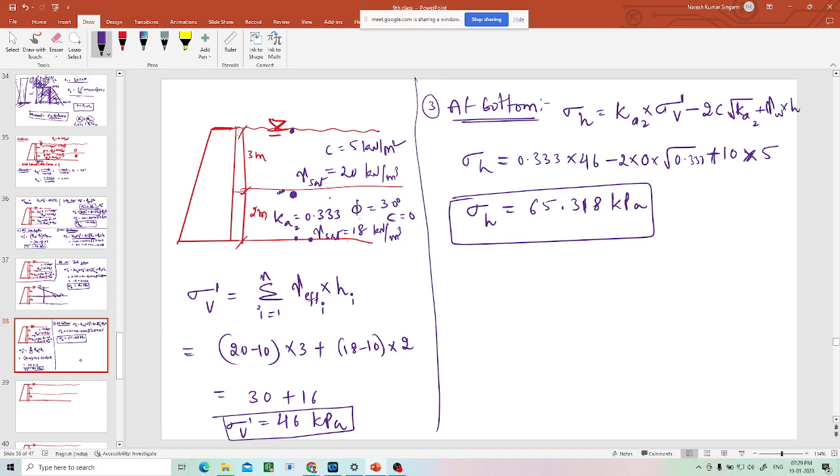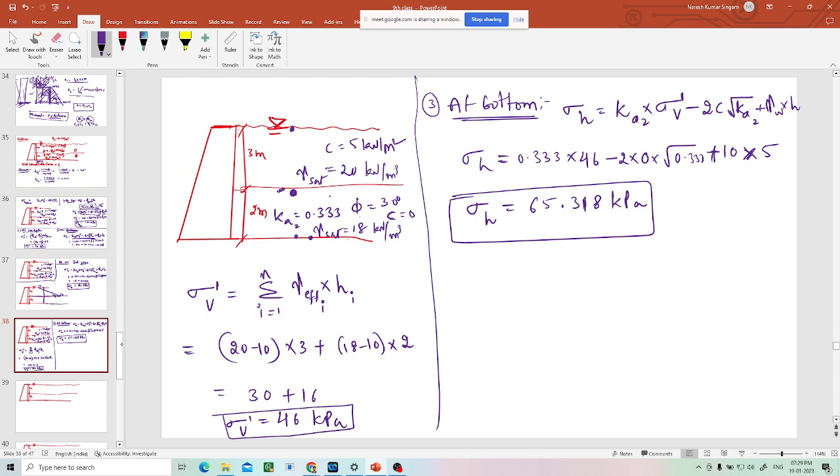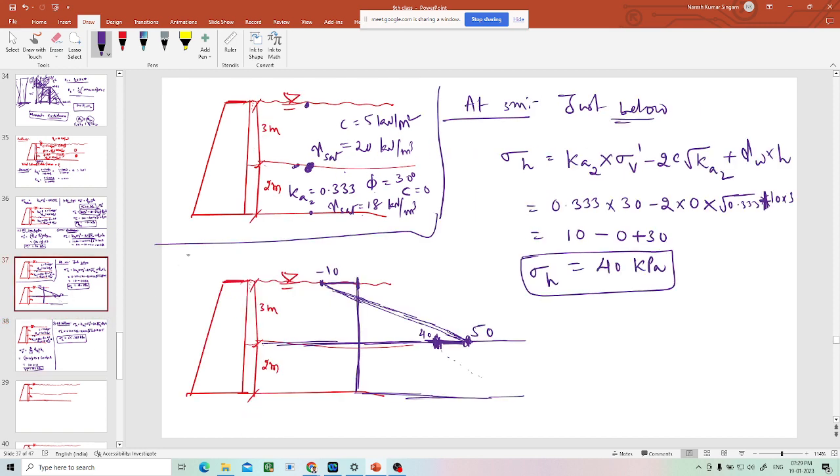Now I'll just draw the diagram first. So already I have drawn it in the previous slide. Here up to here we got 40. What is the bottom? 65.318. Okay, I'll just copy paste this. That will be better.